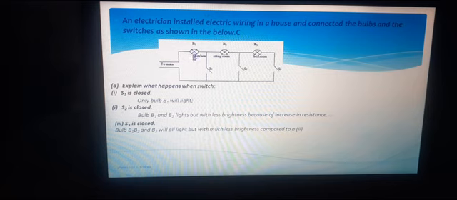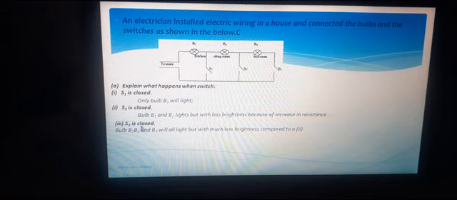Let's look at another case. When switch 2 is closed, we started with switch 1, now we close switch 2. What is going to happen? The current is going to move to bulb 1 and bulb 2 only, but with less brightness because of increased resistance, because bulb 1 and bulb 2 are in series.